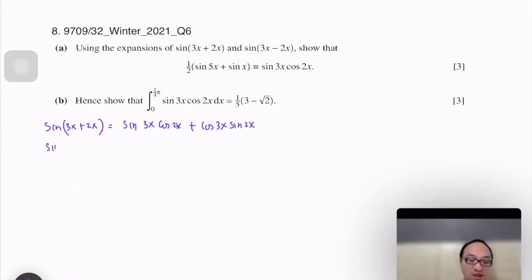And then for sine 3x minus 2x, this becomes sine 3x cos 2x minus cos 3x sine 2x.